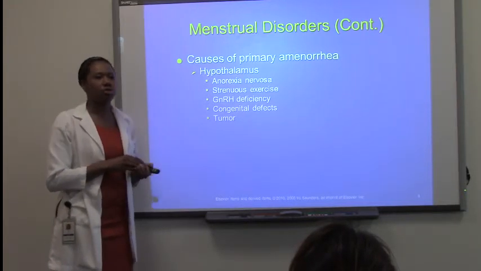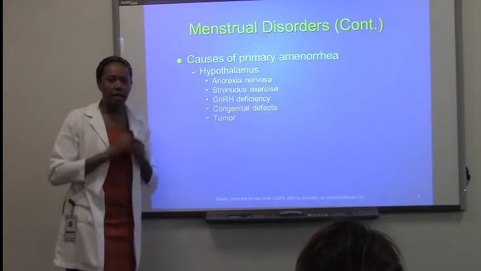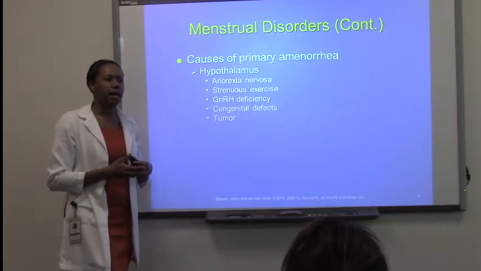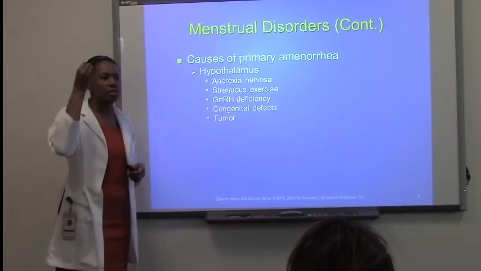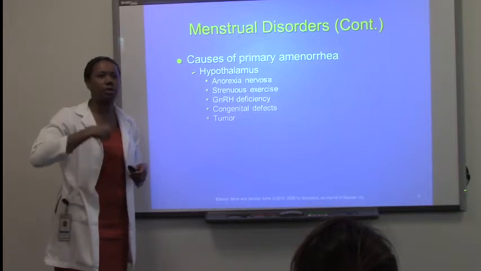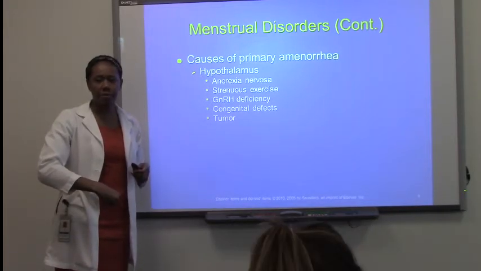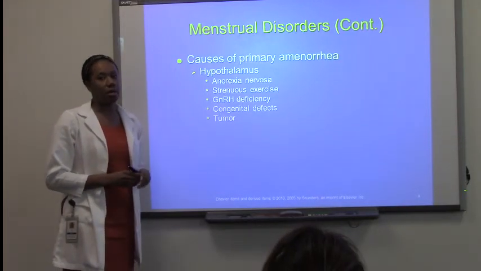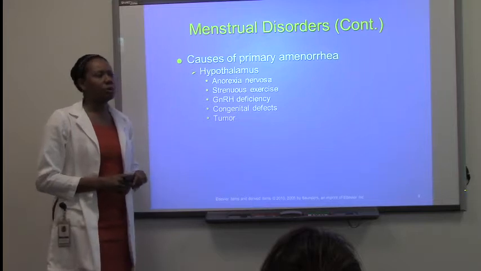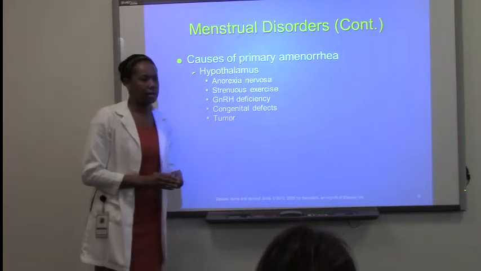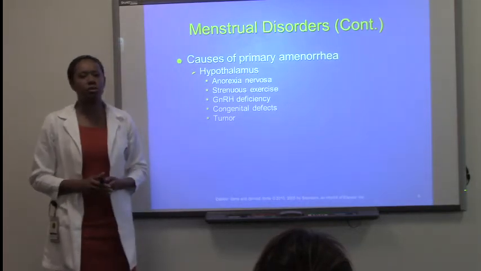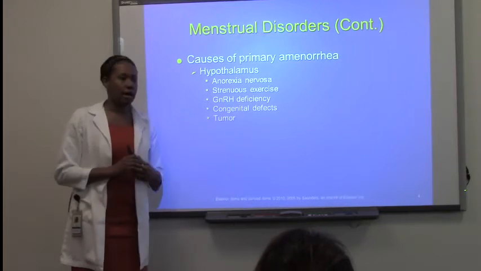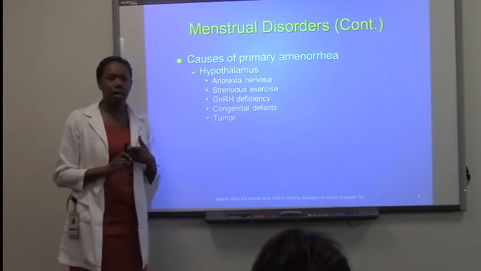So when these patients have the psychological anorexia, not the physiological anorexia, because that's something different, this psychological form of anorexia can cause a suppression of those hormones in the brain, which will then cause an absence of the release of the hormones in the reproductive system. Strenuous exercise also does that, okay? I'm quite sure you guys know this, and I have a niece that's having this situation. I actually went to school with a bunch of girls that had this situation as well, where people exercise, athletes, okay?